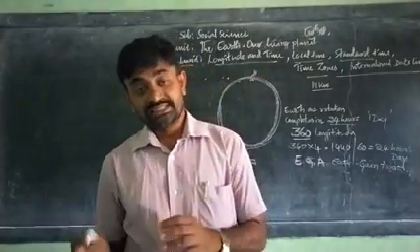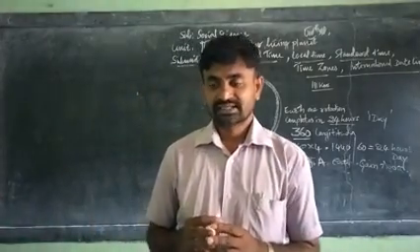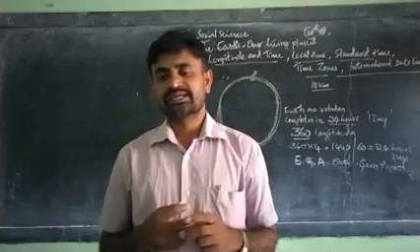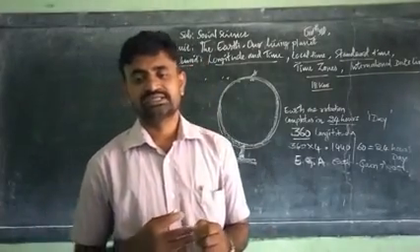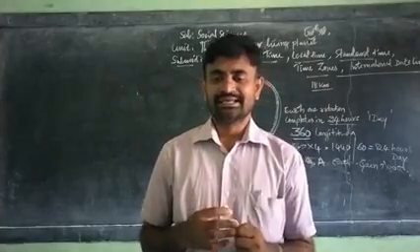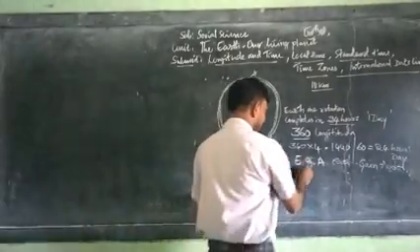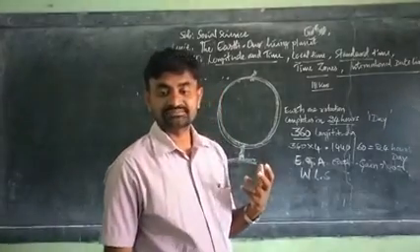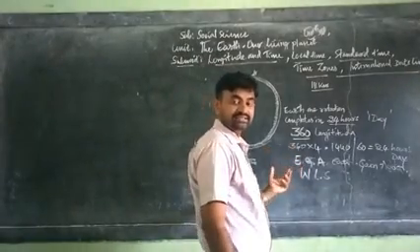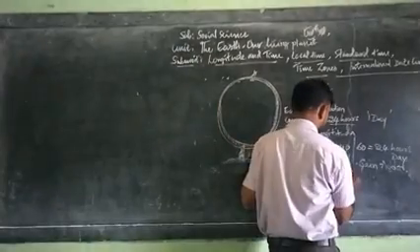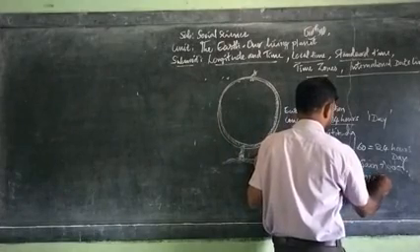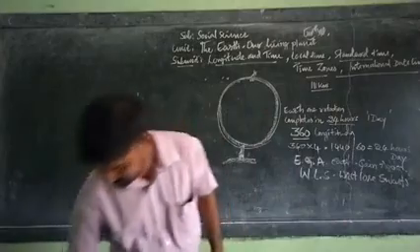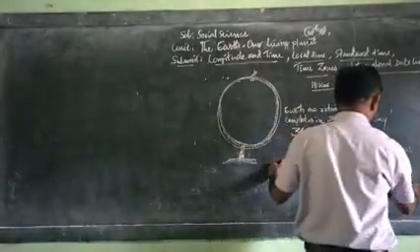GMT means Greenwich Mean Time. In the case of places to the west, the time difference is to be subtracted: WLS, West Loss Subtract.